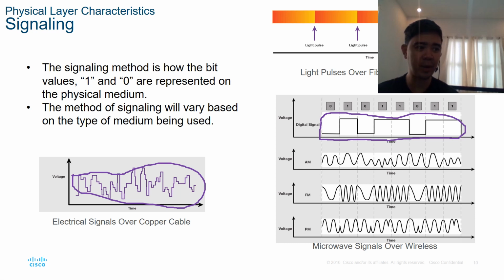Take note also that our computer can process audio signals, and usually audio signals are in this form. And take note that our computer is digital, like in this form. So in signaling, the question is how these are being interpreted. That's the idea about signaling.